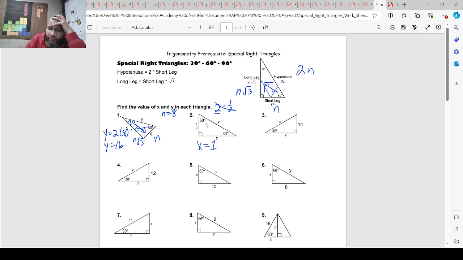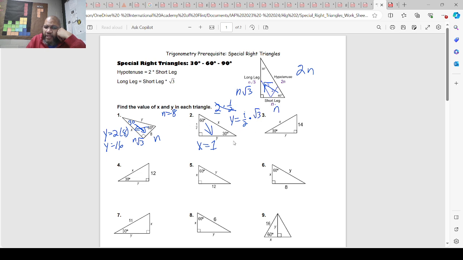So then I need to figure out what y is, the side opposite the 60-degree angle. Well, according to our stuff, across from the 60-degree angle is n times the square root of 3. Well, what's my n? My n is the short leg. It is the side across from the 30. Well, there's across from the 30, 1/2. So y ends up being the n, which is 1/2, times the square root of 3.